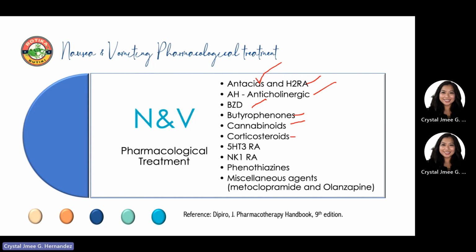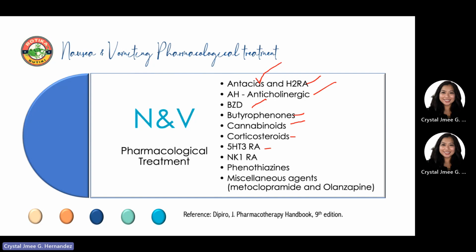We also have corticosteroids, and as we have mentioned, dexamethasone is commonly used, and this is mostly applicable to the management of chemotherapy-induced nausea and vomiting. It can also be used for postoperative nausea and vomiting, PONV, either singly or in combination with the 5-hydroxytryptamine 3 receptor antagonists. Those in the form of dolasetron, granisetron, those that end with setron: ondansetron, palonosetron.